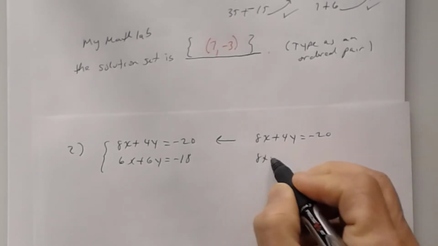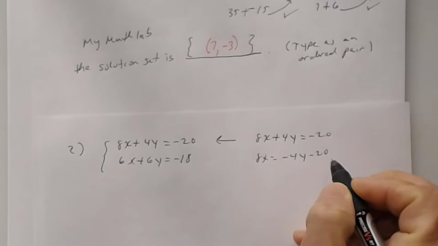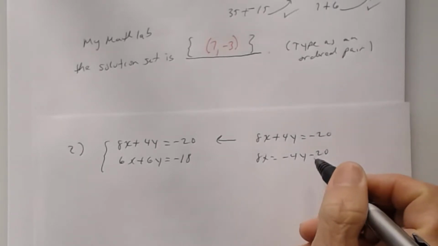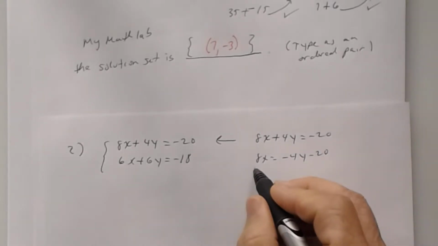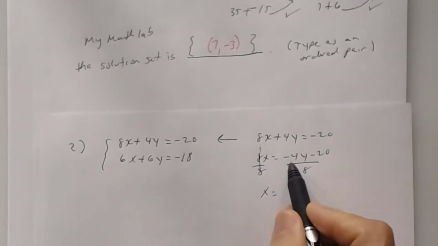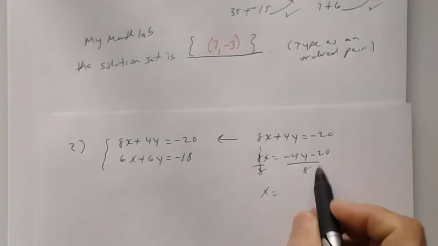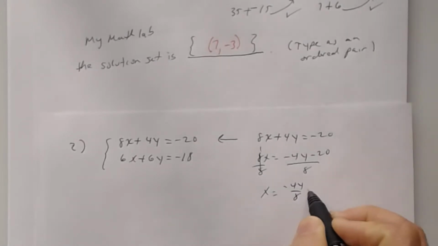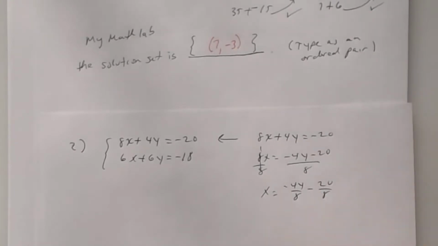So it becomes 8x equals negative 4y minus 20, right? Then you have to divide both sides by 8. When you divide both sides by 8, notice what happens. You get x equals negative 4y divided by 8, minus 20 divided by 8. So you get fractions. You don't want to take this and substitute into the other equation, do you? All right, so taking that first equation and solving for x is not a wise decision.